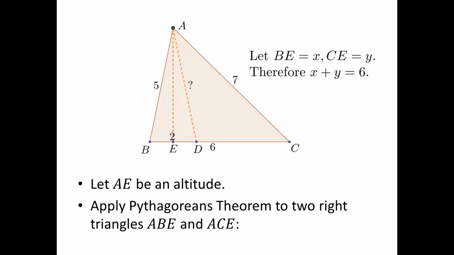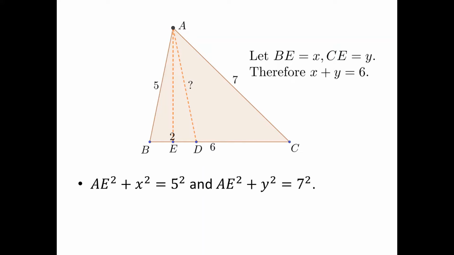Applying the Pythagorean theorem to the two right triangles ABE and ACE, we have AE squared plus X squared equals 25, and AE squared plus Y squared equals 49. Therefore, Y squared minus X squared is 24.